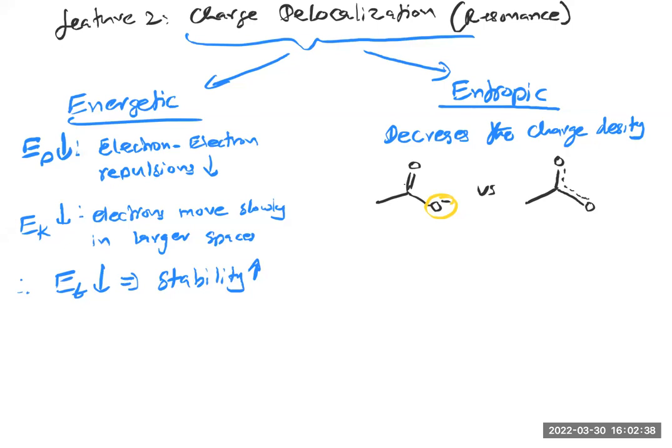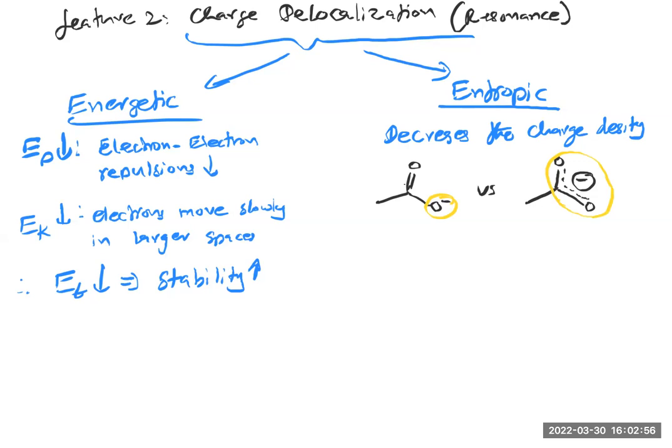Now our negative charge will be distributed among 3 atoms, so this is going to be a larger volume now.